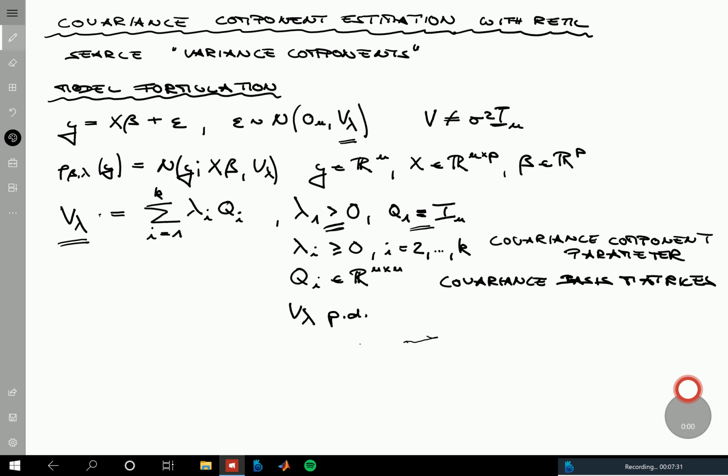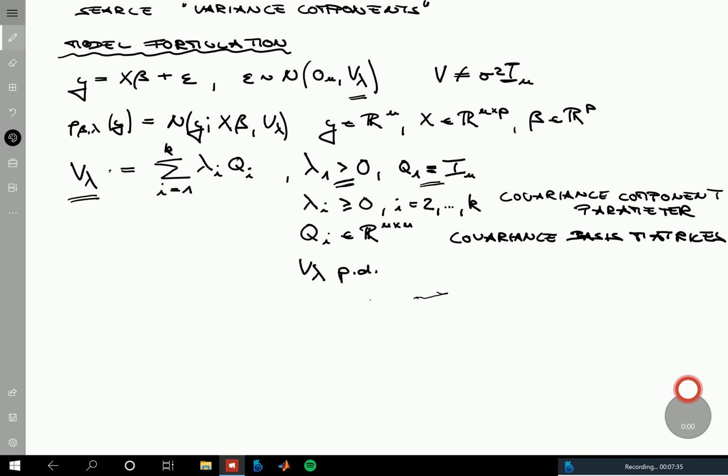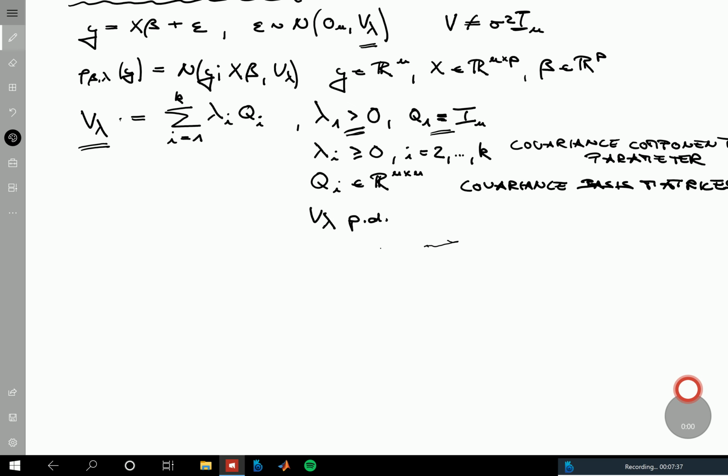Now, let's look at a first example for V lambda.